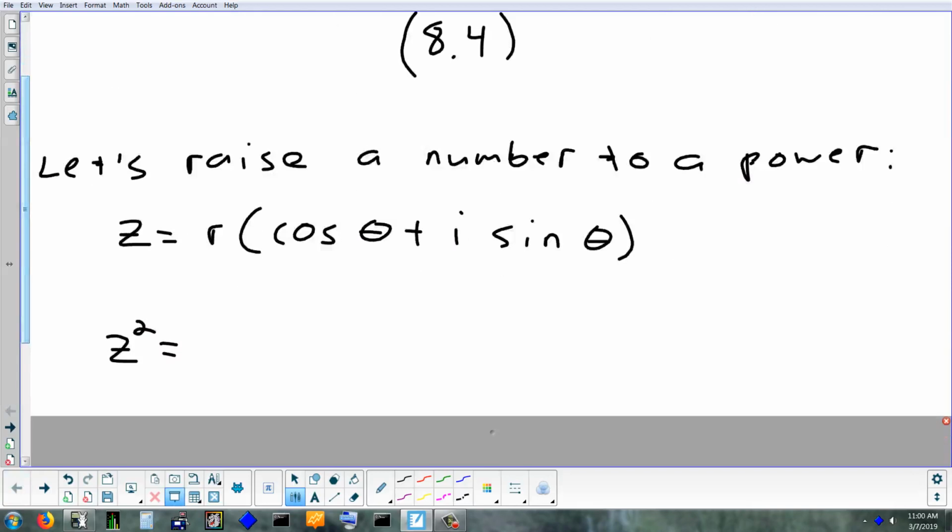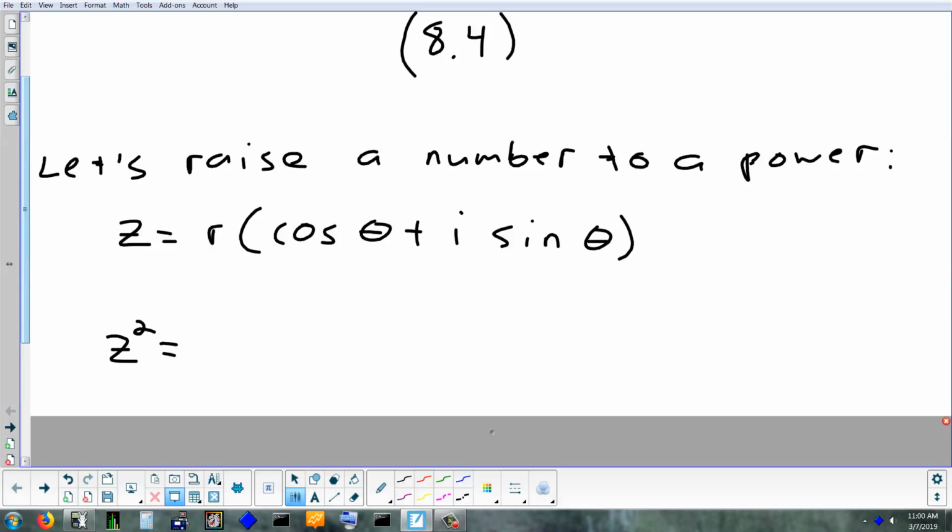Okay, so let's take this number, just a made-up complex number. I'm not putting in a specific r or a specific theta. And let's do z squared. So we're going to do this the long way, but then hopefully when we're done, you're going to see a pattern.